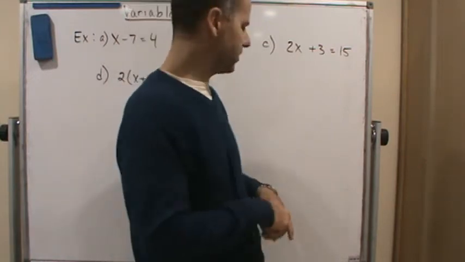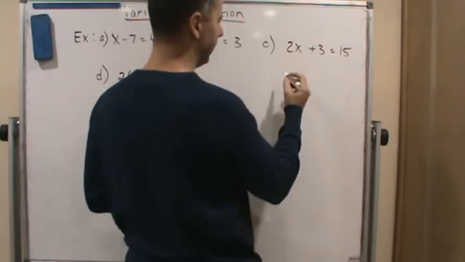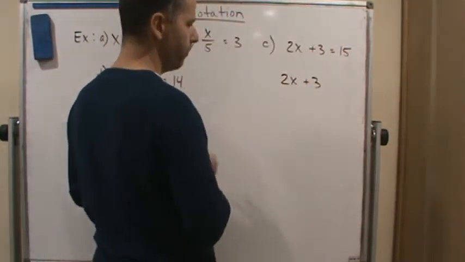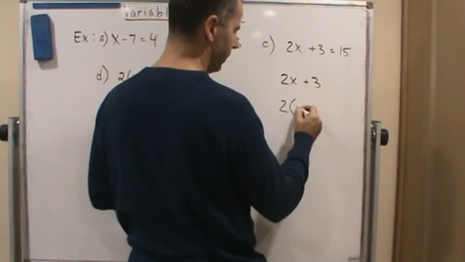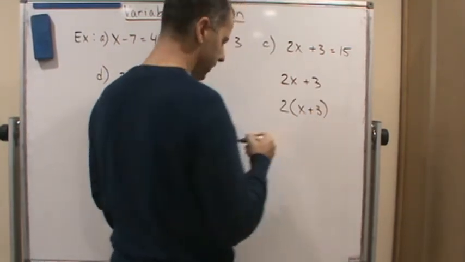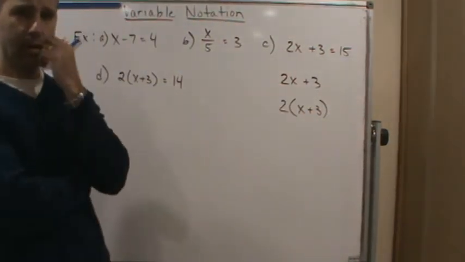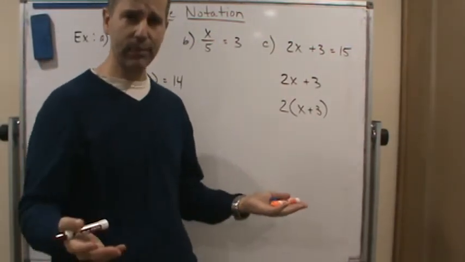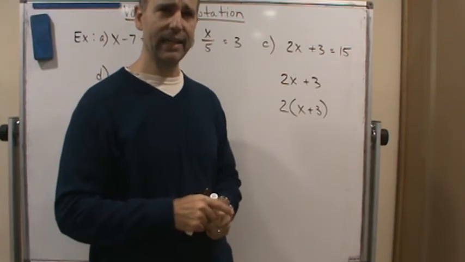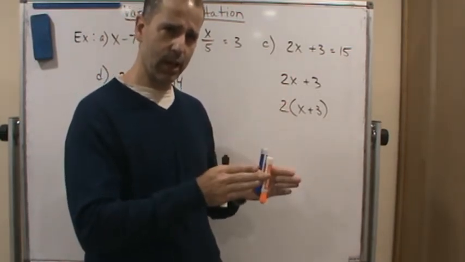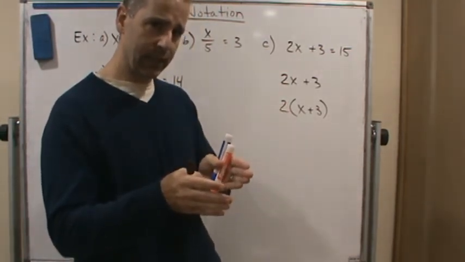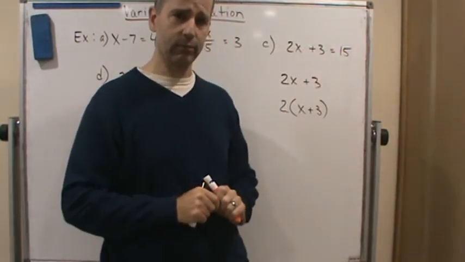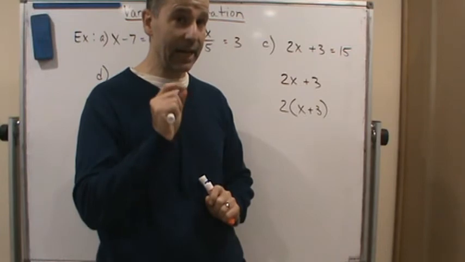Is that telling me this? Or is that telling me this? See what I mean by it's vague? Because is that 2 times the number, plus 15, or is it 2 times the quantity of a number plus 15? So you've got to be careful.